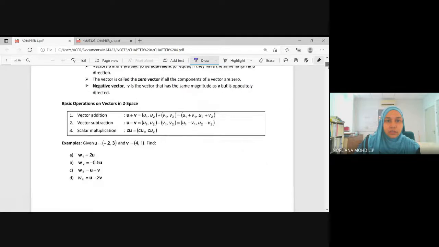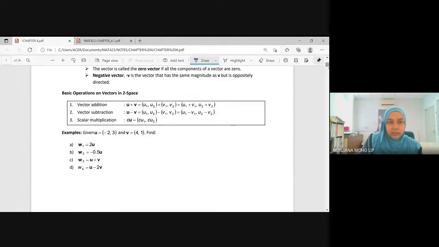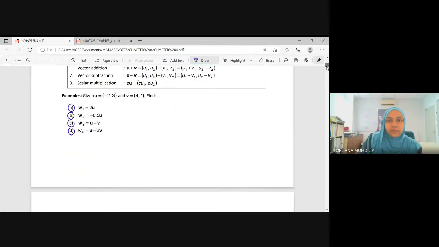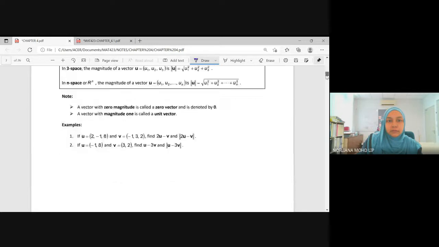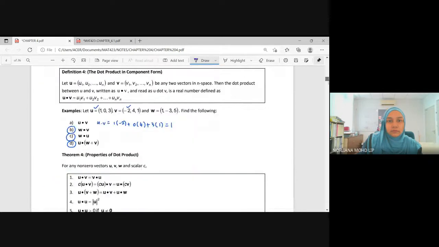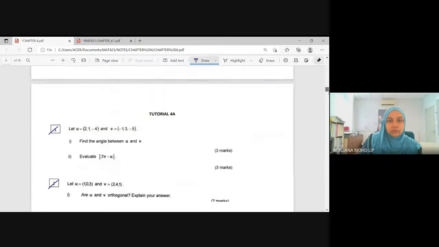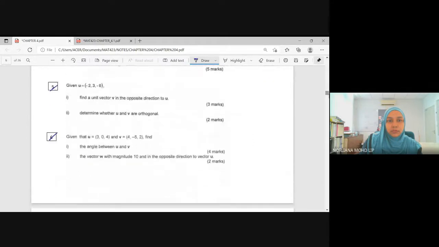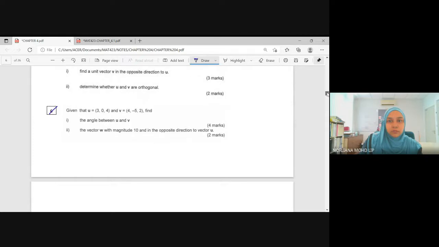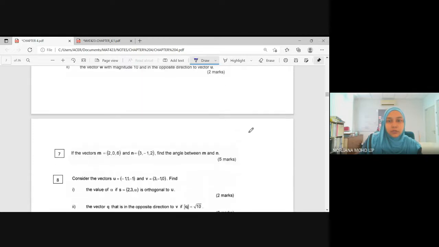Notes yang lagi satu ni pun boleh try. Dan soalan tutorial 4A tadi, mana yang tak buat boleh buat. 4A bolehlah cuba buat semua. Ni based on past year question, so dia ada marks kat situ lah.